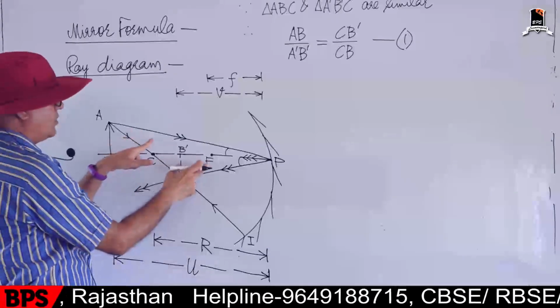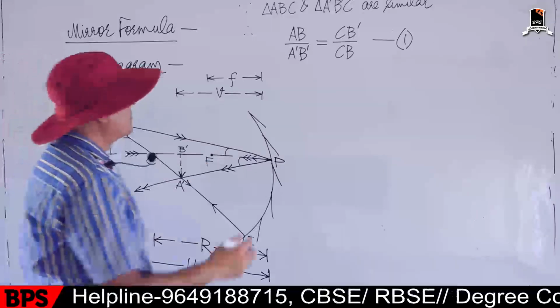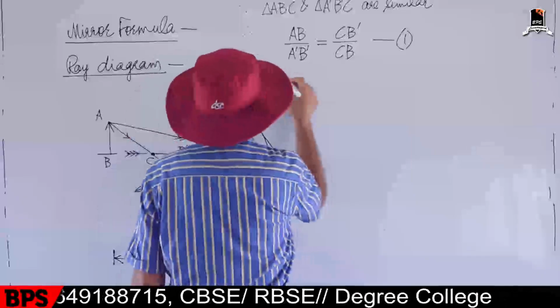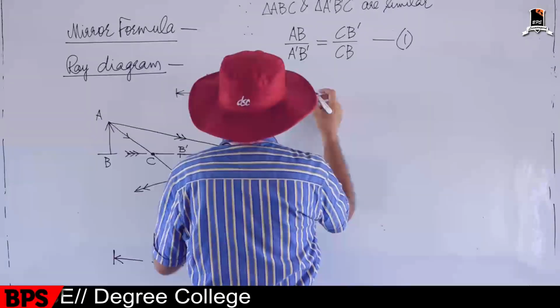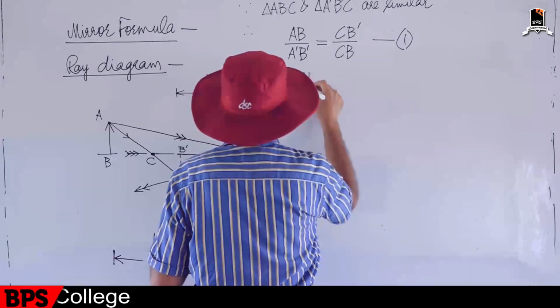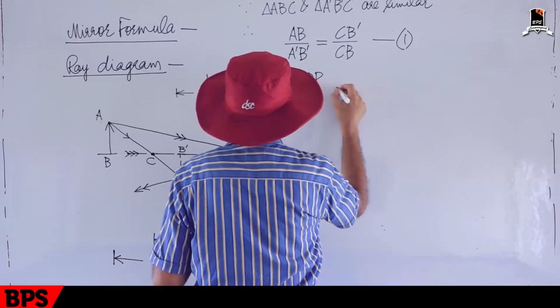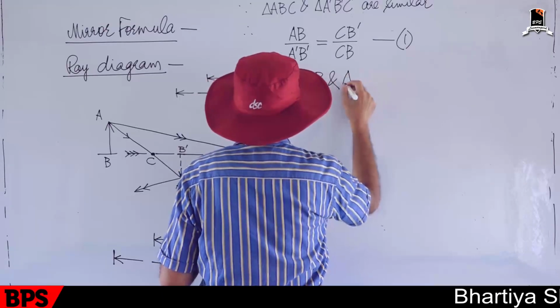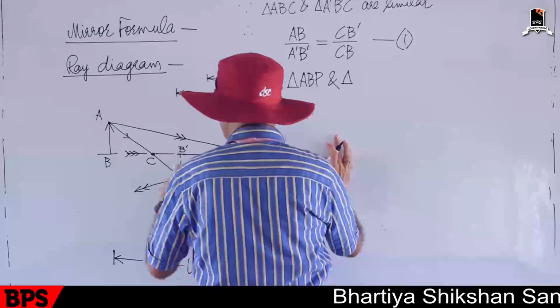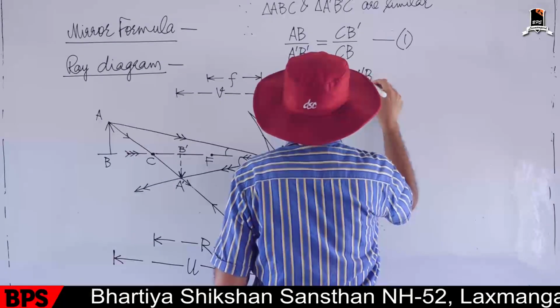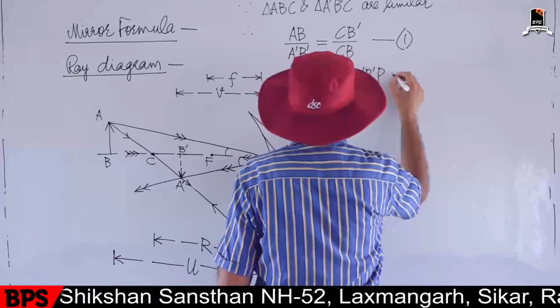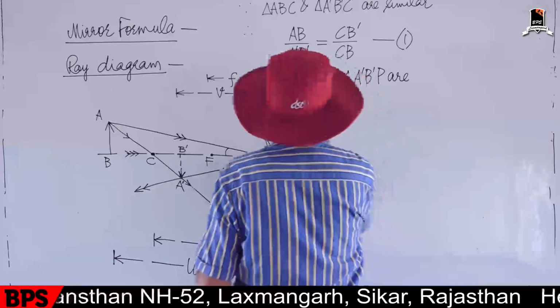Now take these two similar triangles, right angle triangle ABP and triangle A dash B dash P, which are similar.